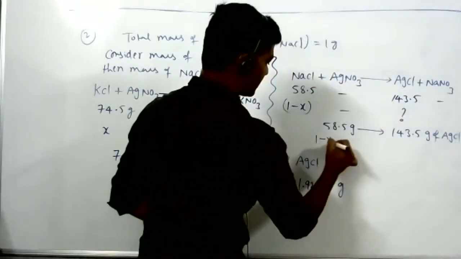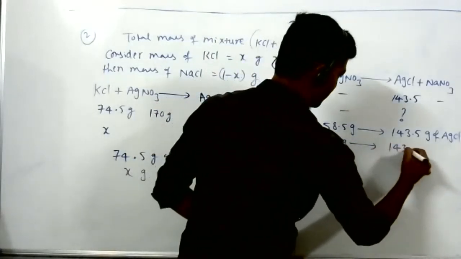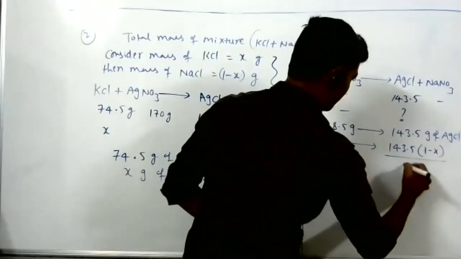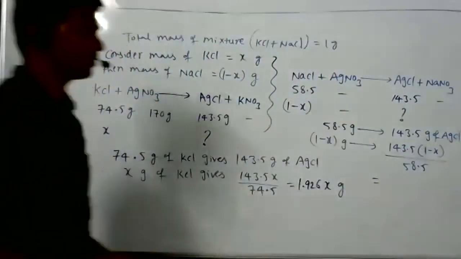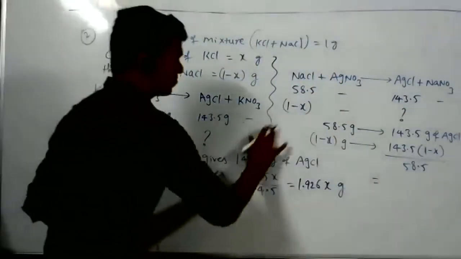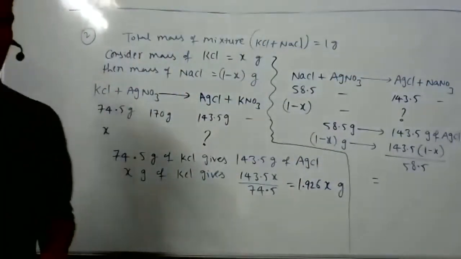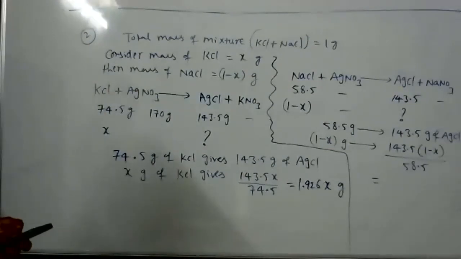Then 1 minus X grams gives 143.5 into (1 minus X) divided by 58.5. Now if we add both of them, we'll get 2 grams.